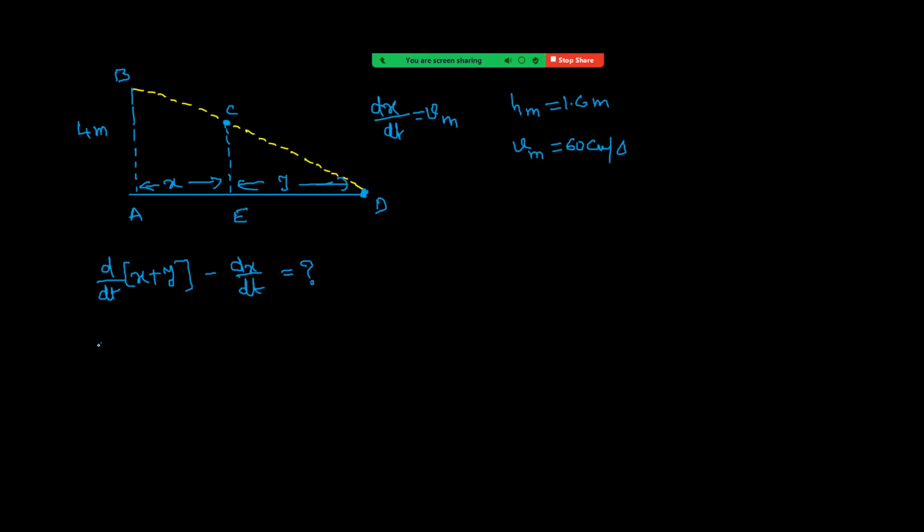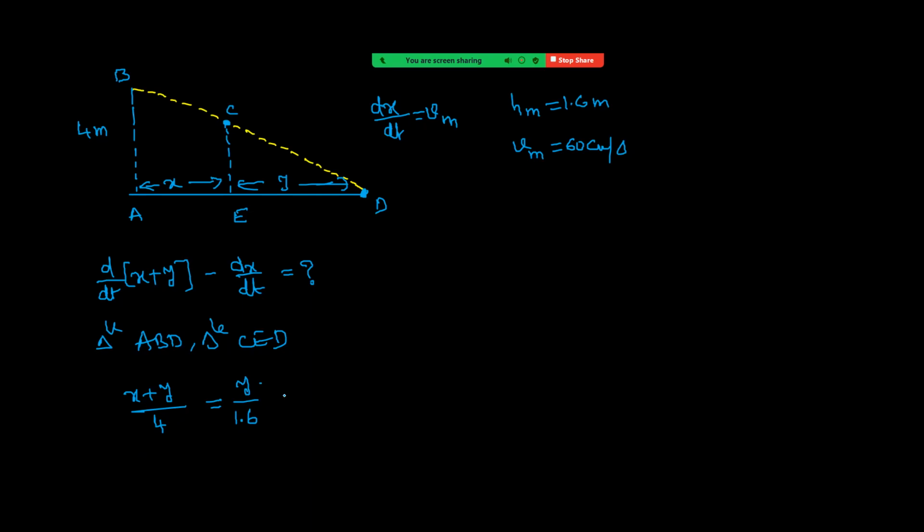Here we can take triangles: triangle ABD and triangle CED. From these two triangles we can write (x plus y) upon 4 is equal to y upon 1.6, since the person's height is given as 1.6. See carefully once. So from triangles ABD and CED, (x plus y) upon 4 is equal to y upon 1.6.